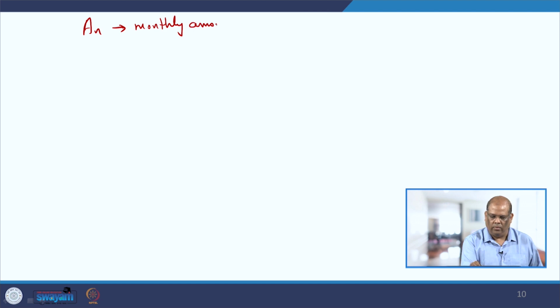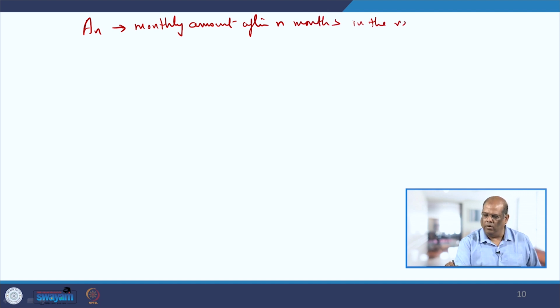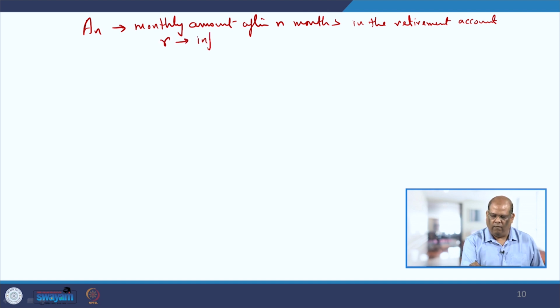So, if we want to model it, let us say AN is the monthly amount after n months in the retirement account, and let R be the inflation rate.